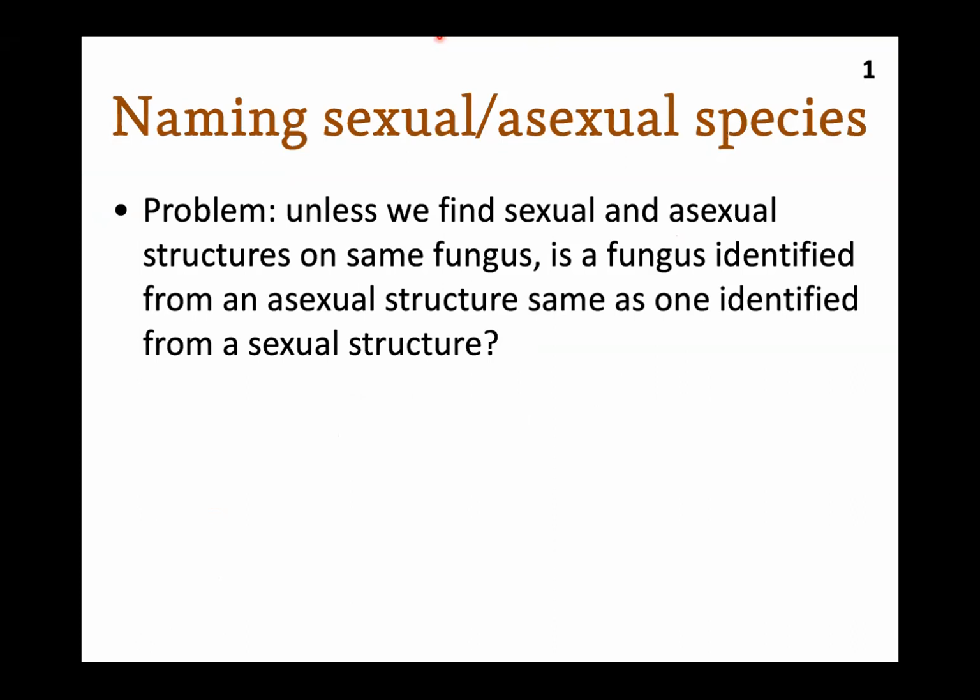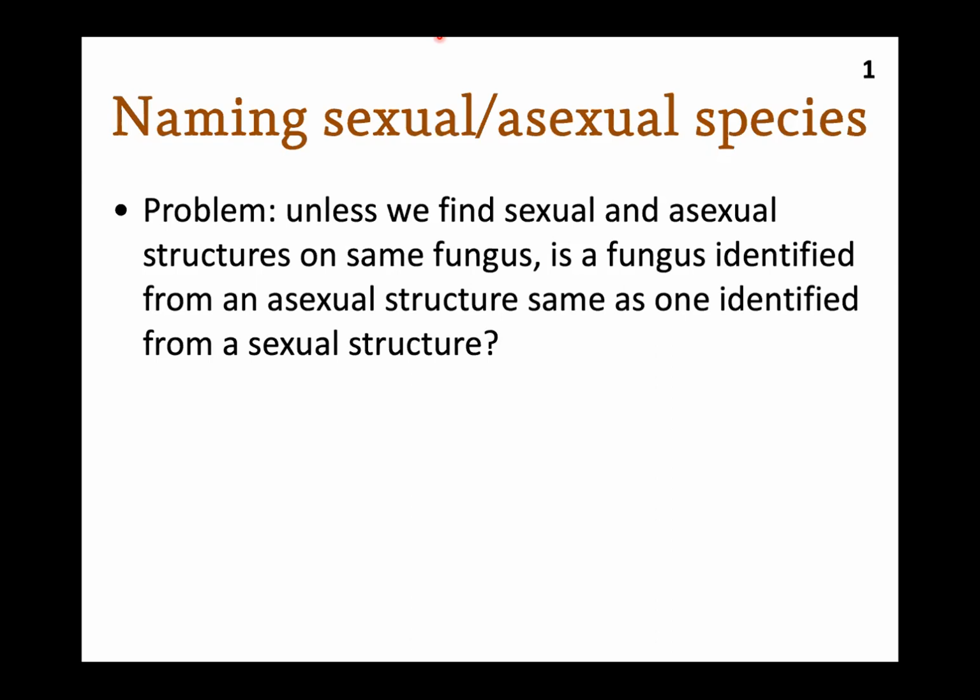Okay, so with Mars, you should have learned that sexual and asexual species are often given completely different names, because if we find a fungus with asexual structures, and we find another fungus with asexual structures, how do we know if those two fungi are the same or different?